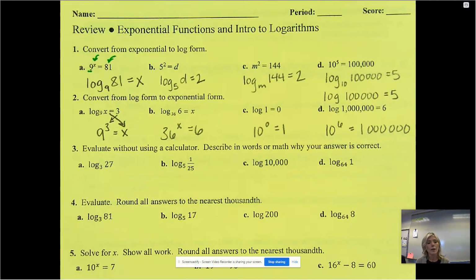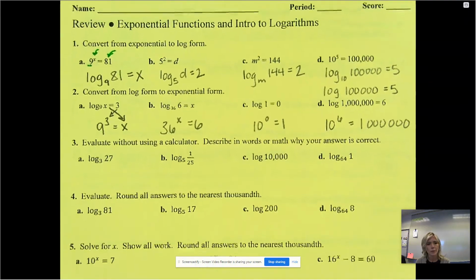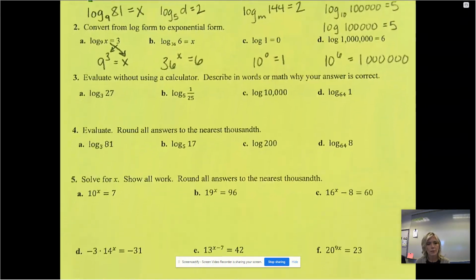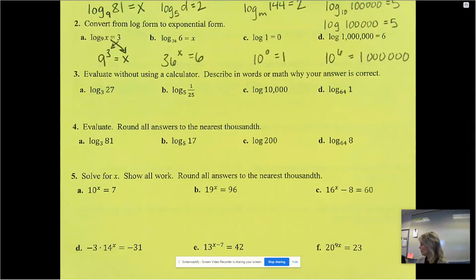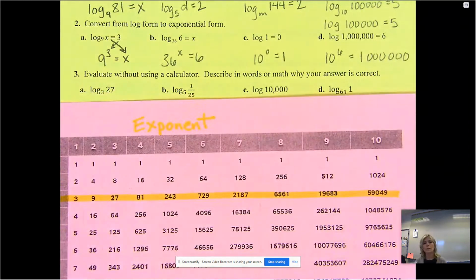All right, on number 3, we're evaluating without using a calculator. You could use your little pink exponent table, though that would be okay. So grab mine, it's right here.